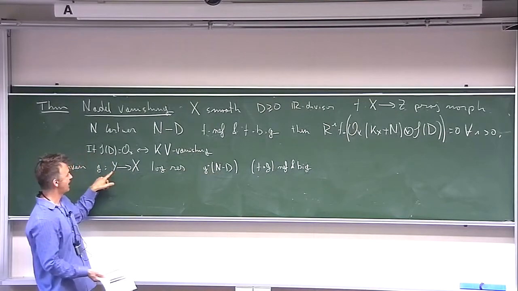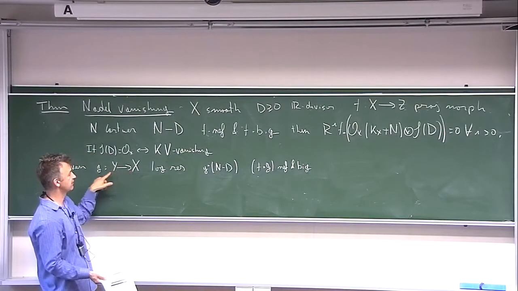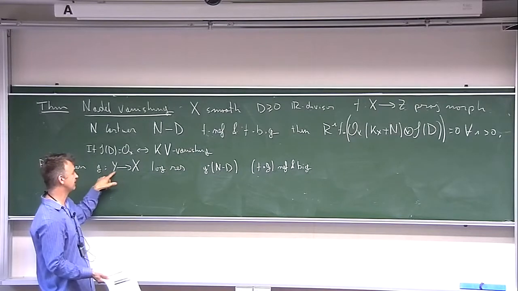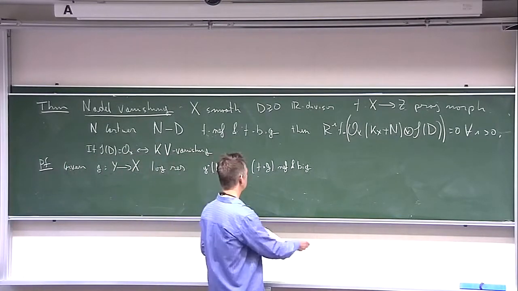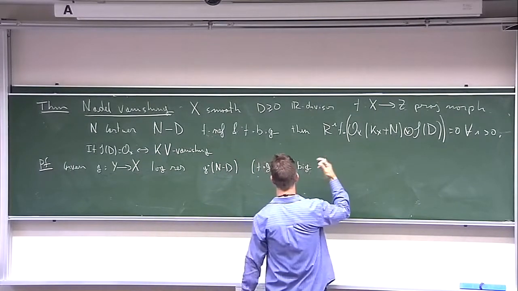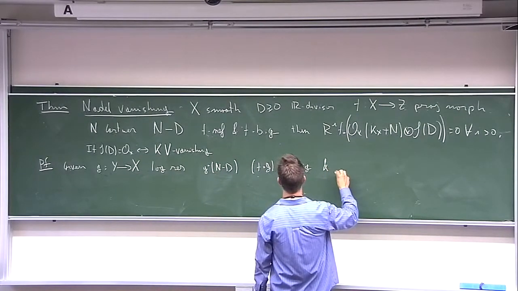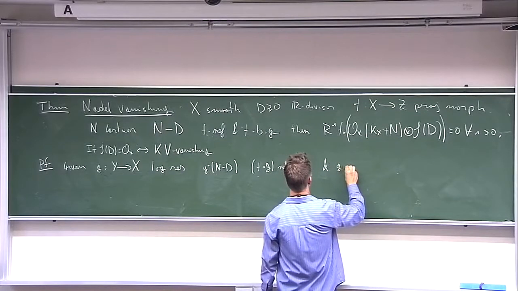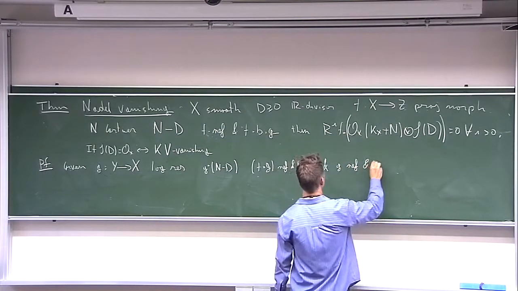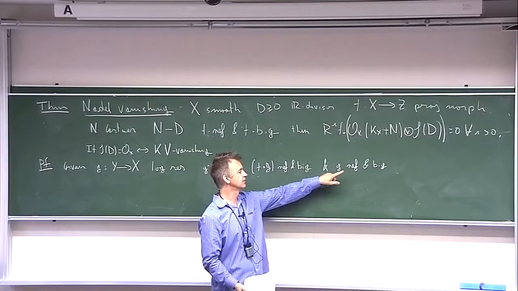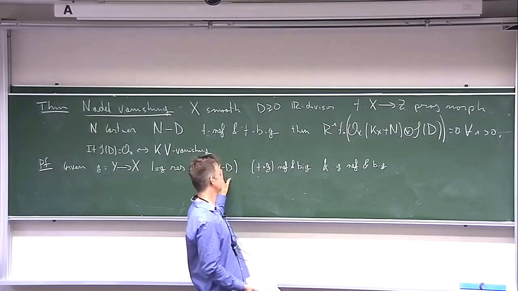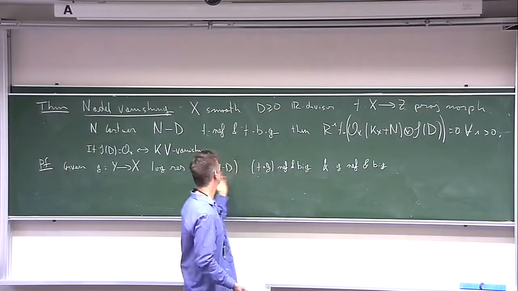And as a map from Y to X, this is a birational map, so this is automatically big. So I'm really not saying anything. By what I just said, it's trivial that this is also G-nef and big. There are certainly fewer curves to intersect this against to check that it's G-nef, and G-big is just a birational map. There's nothing to it.